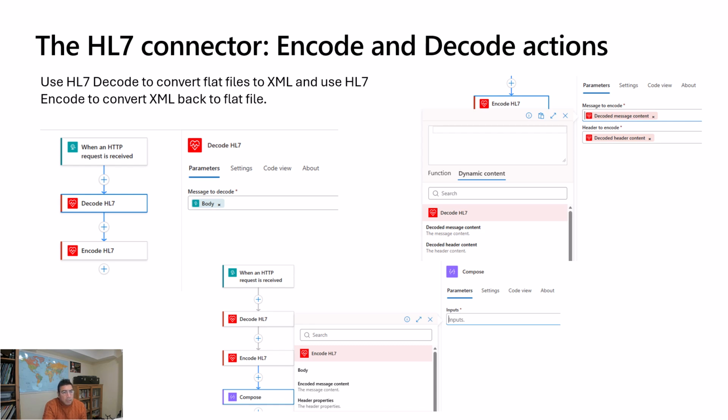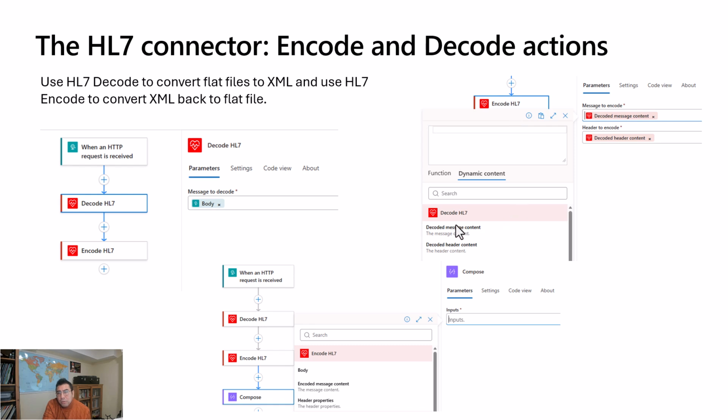Then we also have the encode operation, where the input is an XML message and a header content, and the output will be an encoded HL7 flat file message. In this workflow sample, I have the decode, and once it has been decoded, the next shape is an encode.